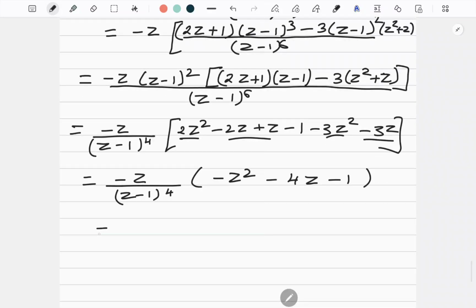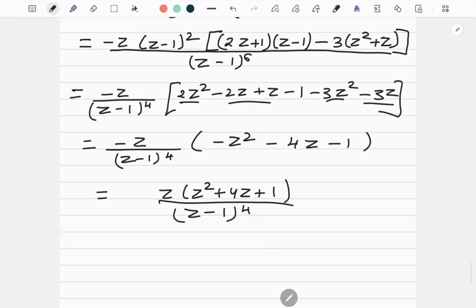So the minus sign I can take out. It becomes z square plus 4z plus 1 upon z minus 1 to the power 4. So this becomes the formula for the Z transform of n cube. You can write it as z cube plus 4z square plus z upon z minus 1 to the power 4.